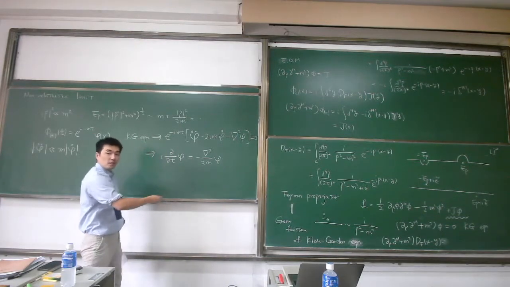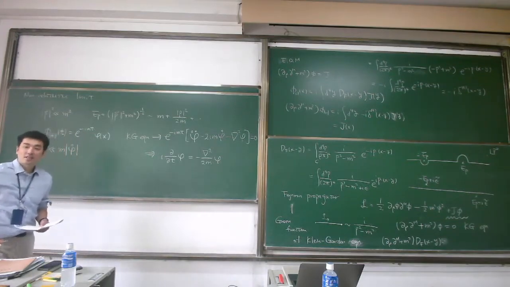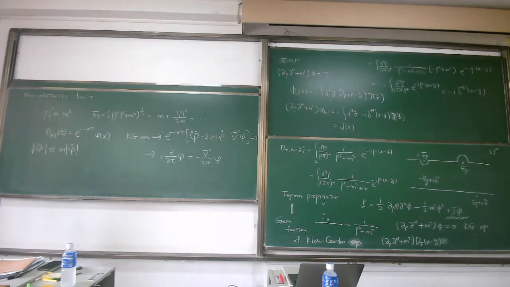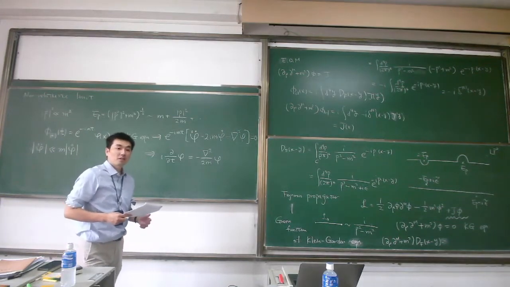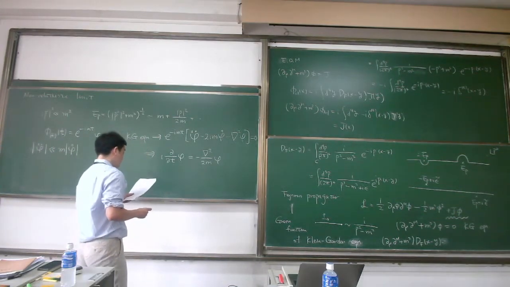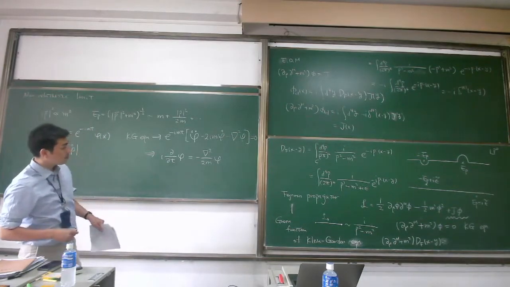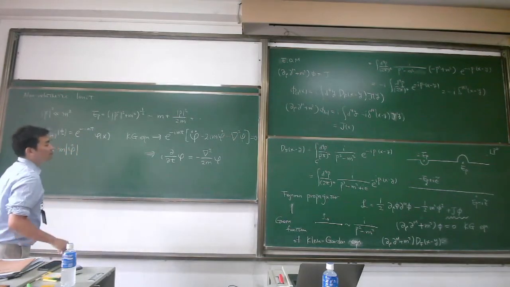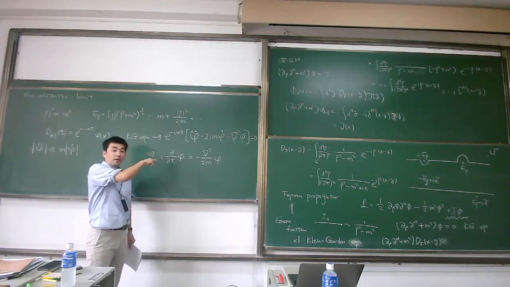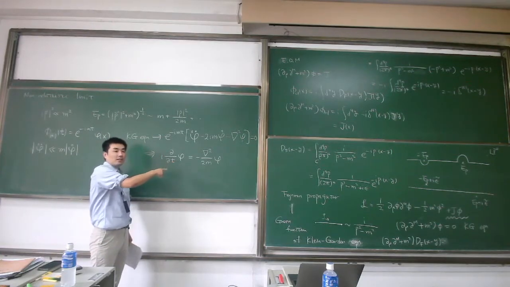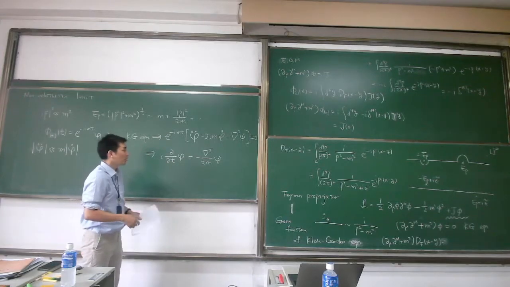Okay? And this looks like a familiar form from quantum mechanics, like a Schrödinger equation, but the interpretation is a bit more subtle. Here phi is an operator, phi or bar phi, whatever you call it.